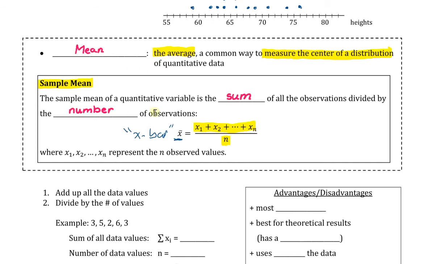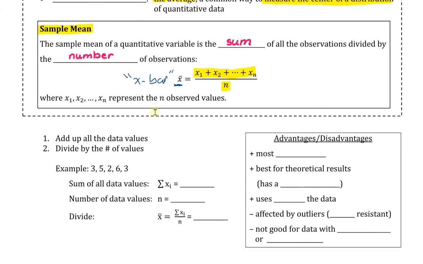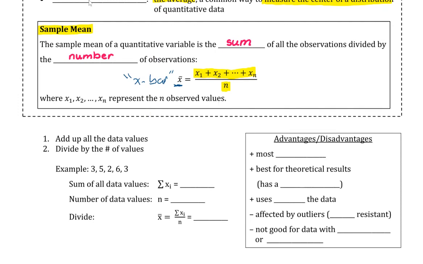Let's look at a short example. To find your mean, we'll add up all of the values to find the sum. This is sometimes represented in sigma notation. This is a Greek letter, sigma. Sigma stands for find the sum of all of the values. So let's find the sum of 3, 5, 2, 6, and 3.